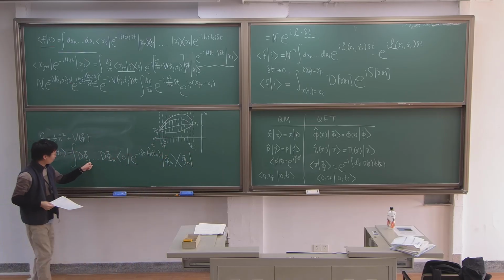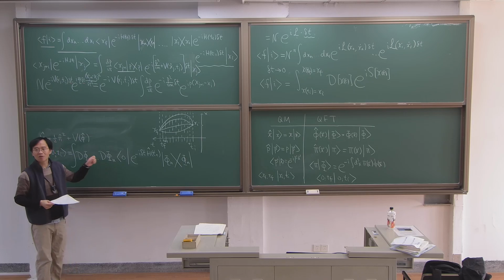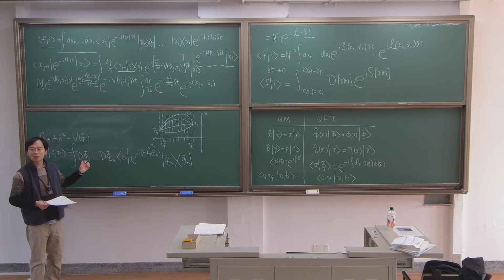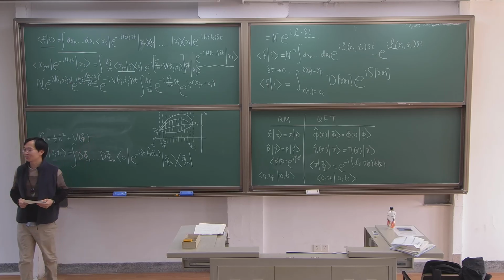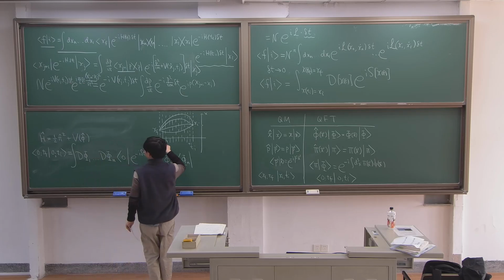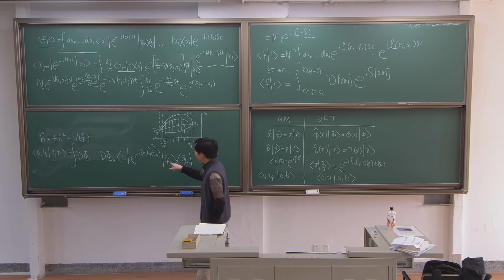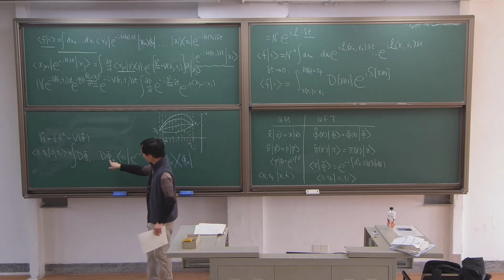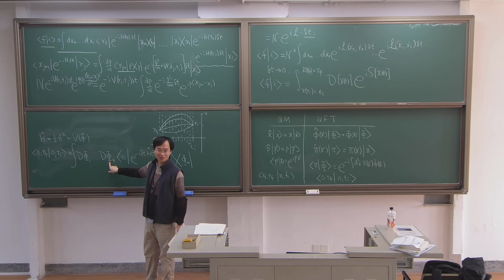This index 1 to n only labels at which time interval you are located, because we have many. We have n pieces, or n plus 1 pieces. So we have n independent complete sets of the phi state.